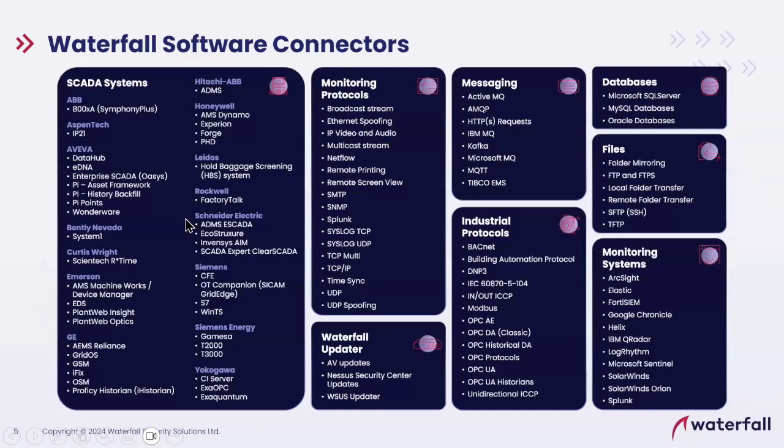Something that, again, is in a sense the same as what you've come to expect is our connectors. We have an enormous number of connectors that connect to lots of different industrial control systems. As you well know, the industrial control system market is extremely fragmented. There are countless vendors, countless offerings, most of them specialized to a very specific purpose.